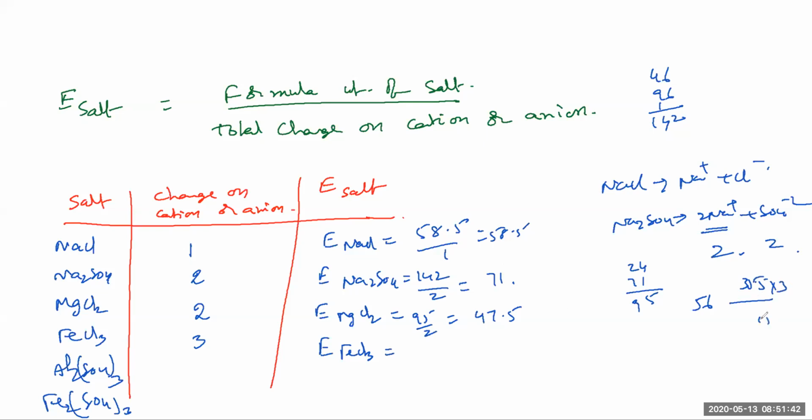That is 106.5. 106.5 plus 56 is 162.5, divided by 3.